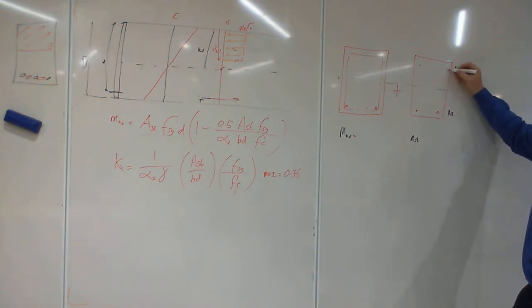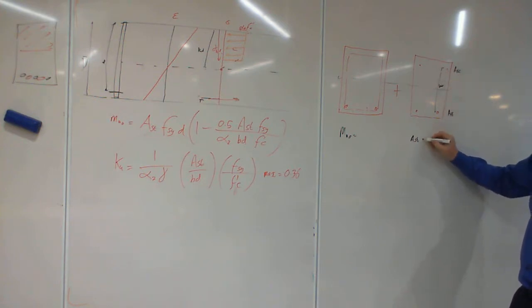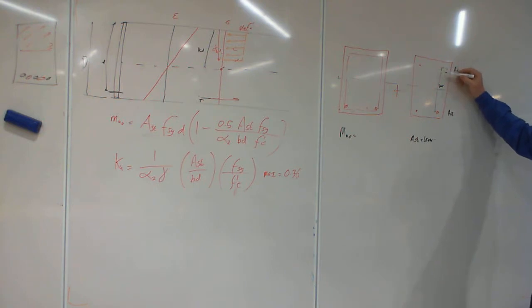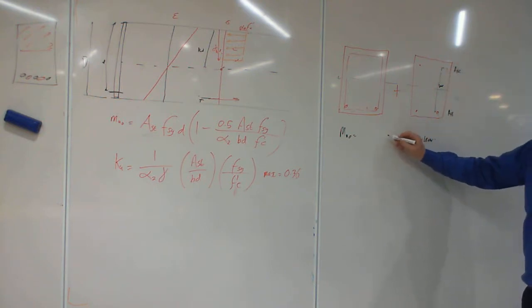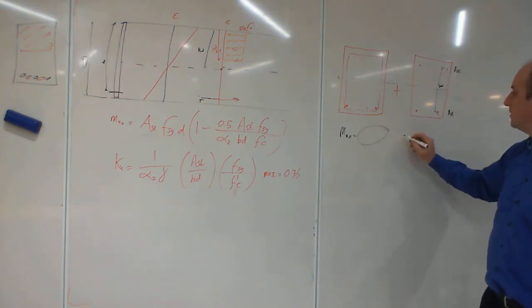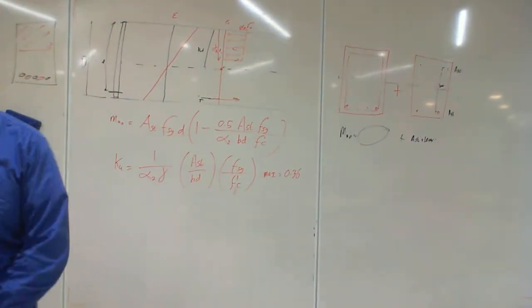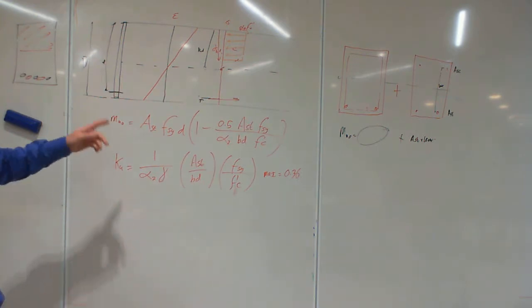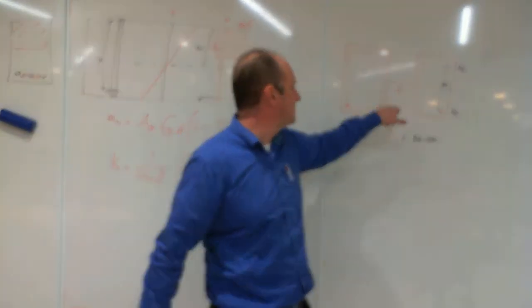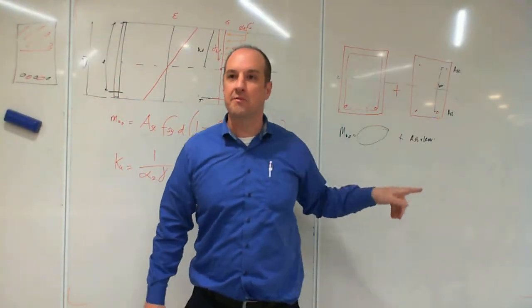Area of steel times lever arm. It's got a force, it's got a lever arm, there's the moment. So it's that equation plus that. We're done here, that's all it is. Okay? We're just adding a steel beam to a concrete beam and doubly reinforcing it.